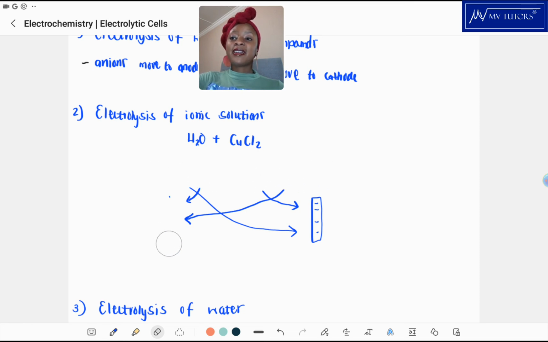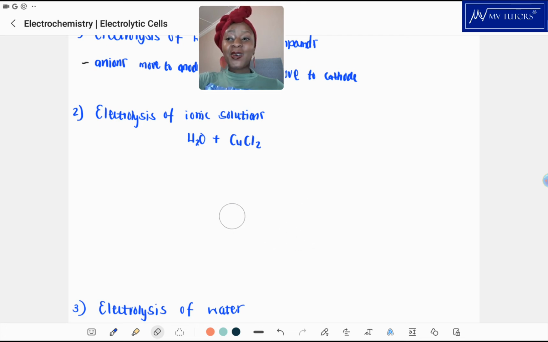Whenever you have solutions where water is involved, please be mindful that you have the option of the positive ion, which is the cation, and the H plus ion. That will go to the cathode. And what goes to the anode, you have the possibility of the anion as well as the hydroxide ion.